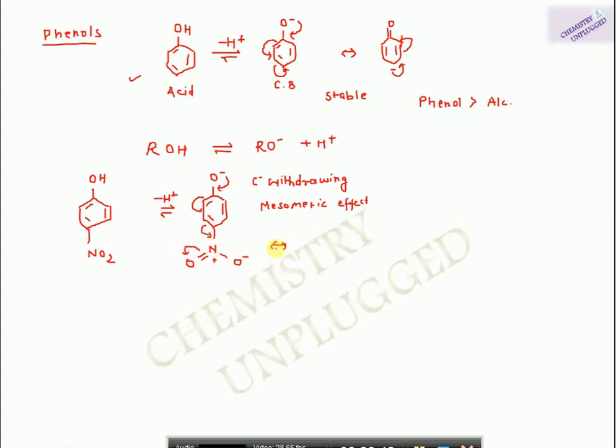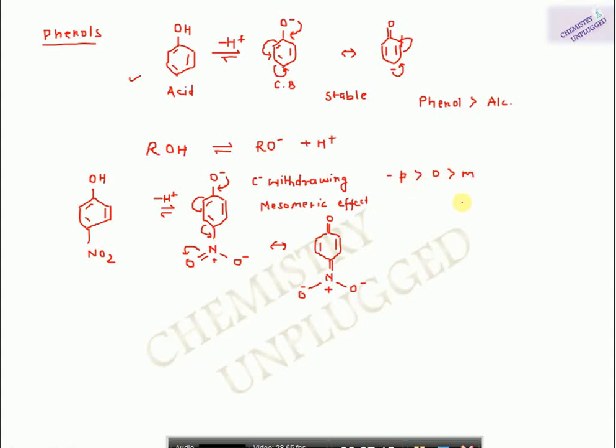So the electrons present on the oxygen atom can be further delocalized. It is a better way of delocalization as compared to simple phenol. It means its delocalization is increased, its conjugate base is more stable, which means para-nitrophenol is more acidic as compared to phenol.